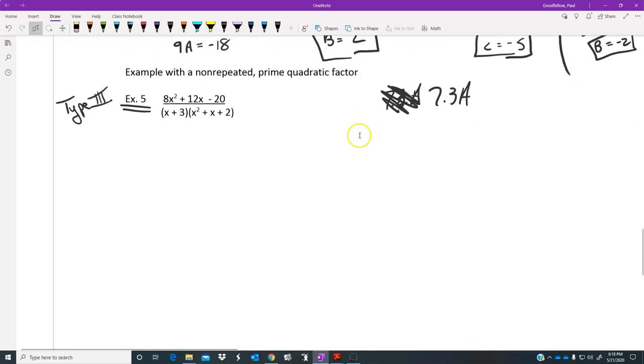Okay, now the type 3, if you read the example up here, is based on the fact that it is a non-repeater, very similar to type 1, but this time around we're going to be dealing with what's referred to as a quadratic prime factor. The key here is the word prime.